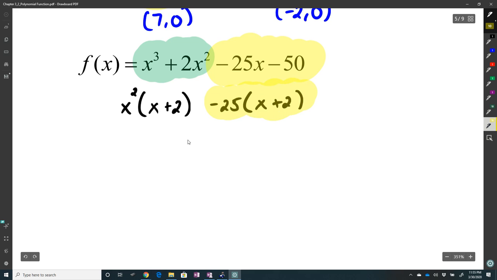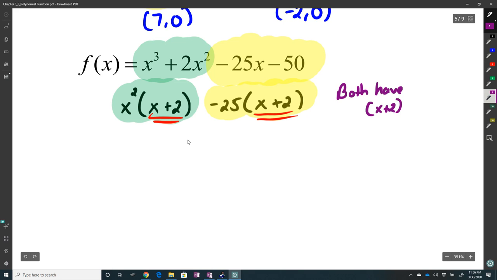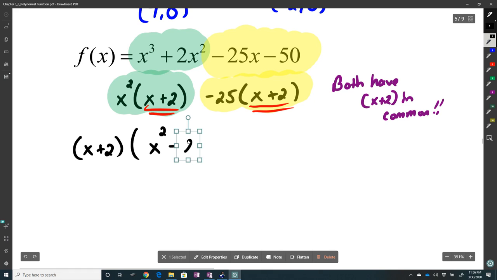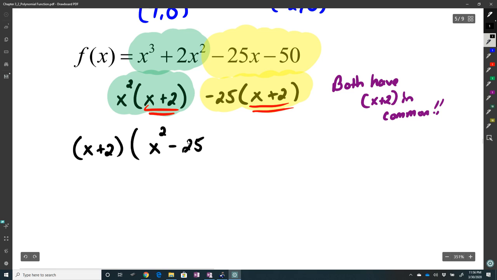So I still have my 2 groups. Right? But if we look at these 2 groups, we notice they both have x plus 2 in common. So that means that I can factor it out. And what's left is x squared minus 25. Okay? So basically, this is my first group. This is my second group.